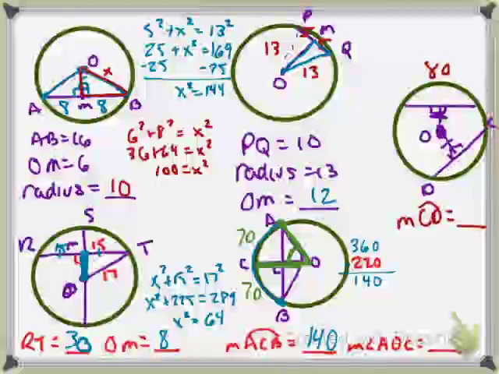So how big is angle AOC? 70. The same as the arc that it cuts off. So we found that the whole arc from A through C to B was 140 by subtraction, and then according to our theorems today, when we have that perpendicular radius coming in and cutting through it, it's going to cut it into 2 equal pieces. So they're both 70. Central angles are the same size as the arc they cut off.